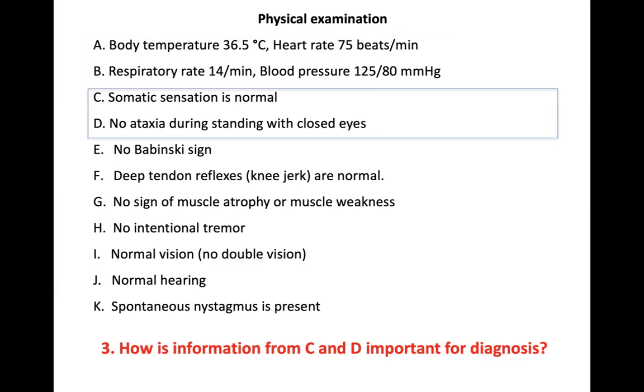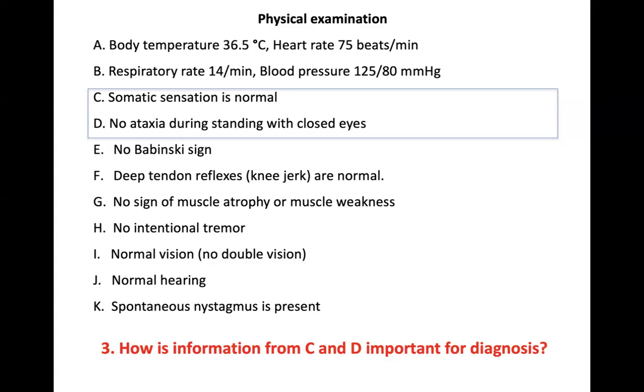The information from C and D is important because information from C shows that the somatic sensation is normal, so they can rule out conditions like sensory neuropathy or anything that impairs the somatic sensation, while the information from D shows there's no ataxia while standing with eyes closed.